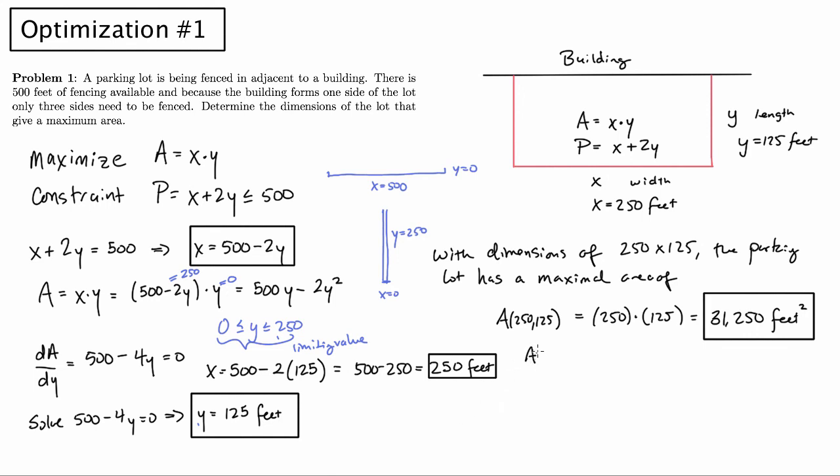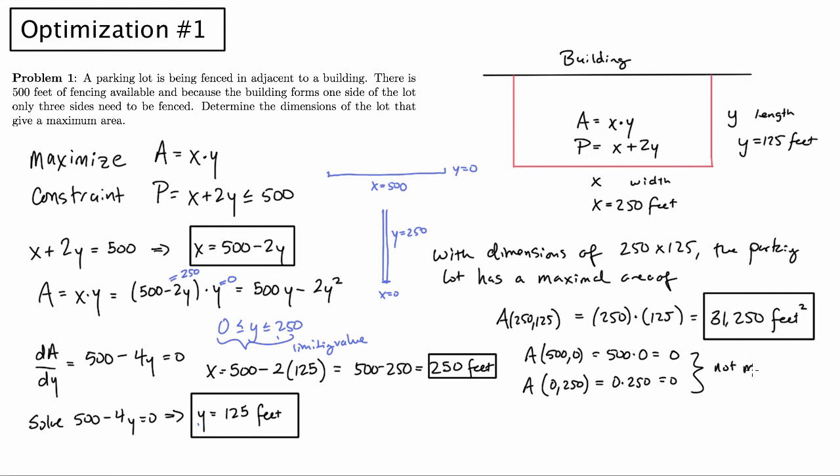What if I have, let's take the first case where x is 500 and y is 0. Well, the area in that case is 500 times 0, or 0. Okay, let's take the other extreme where I have a y value of 250, so the x is 0 and the y value is 250. Well, in that case, you also get 0. So the point is that these are not maximums, but they could have been.